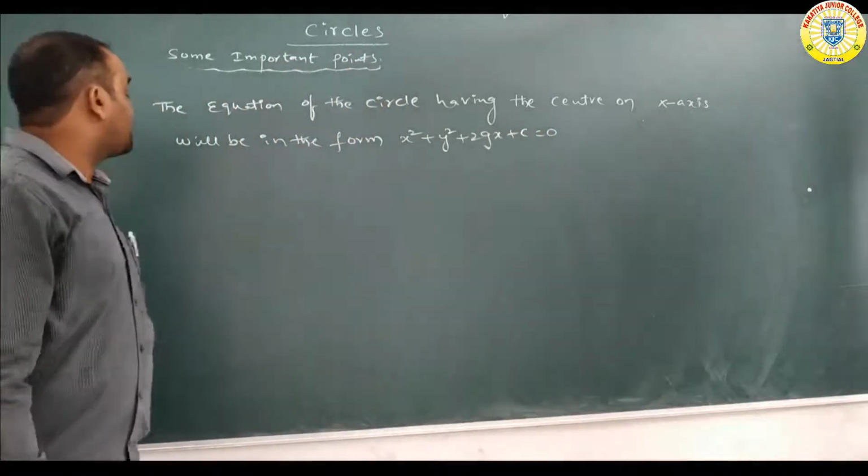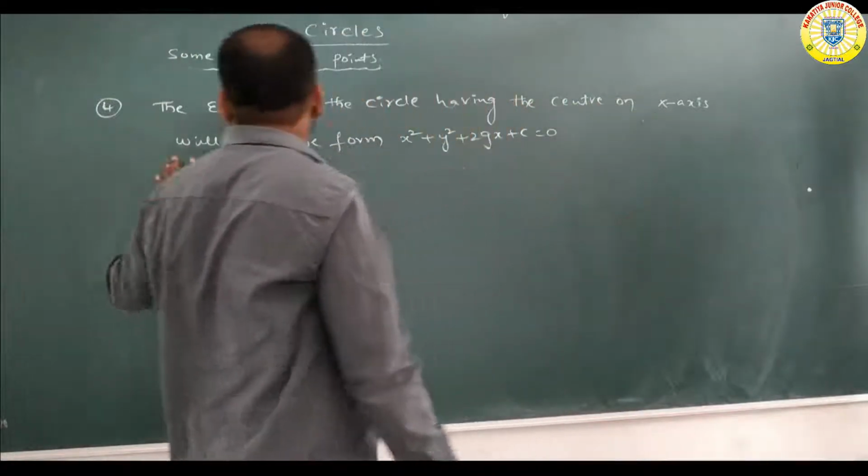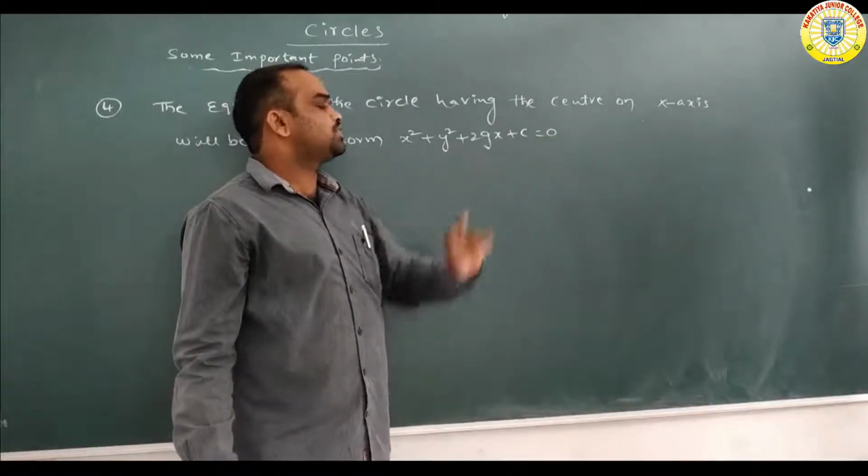See here again repeating, the equation of the circle having center on x-axis will be in the form x square plus y square plus 2gx plus c equal to 0.